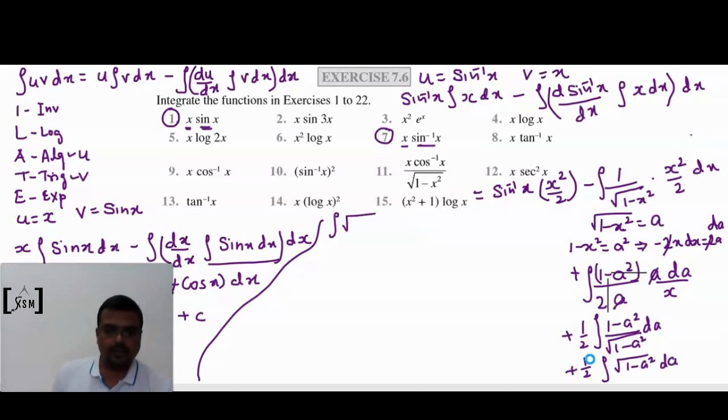The integral of the square root of a square minus x square is equal to x over 2 times the square root of a square minus x square, plus a square over 2 sin inverse of x over a.